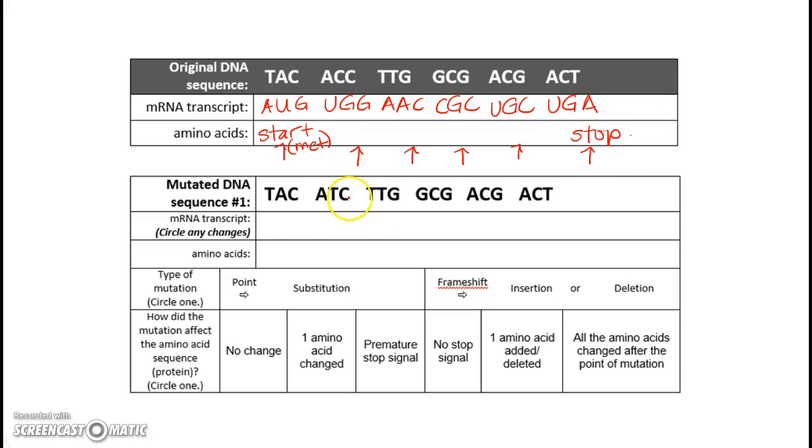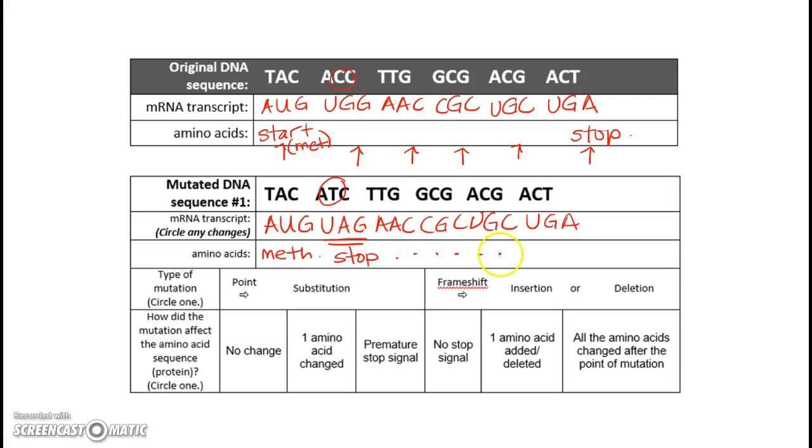All right, now in this mutated sequence, you see that C has been replaced by T. Okay, and so when you do the mRNA transcript, what's going to end up happening, if we go through all of this, you'll find that this is still methionine here, but this is going to be a stop codon.